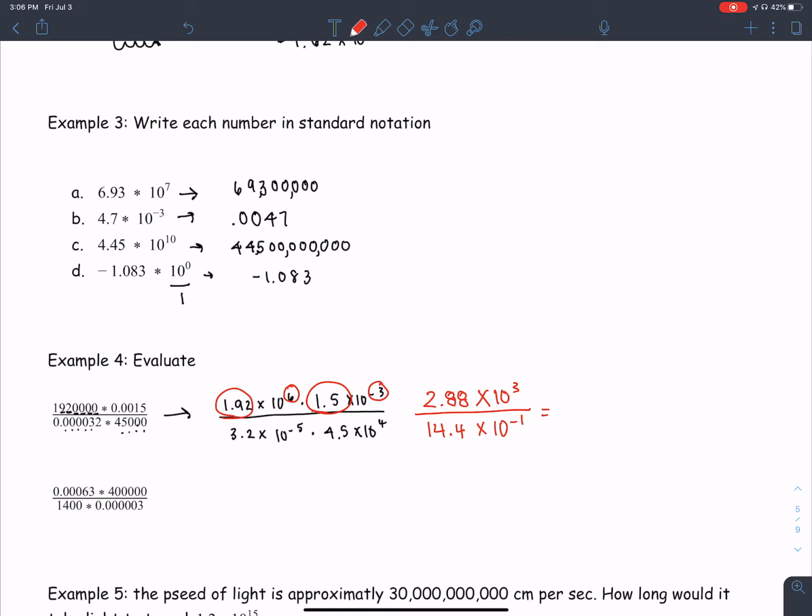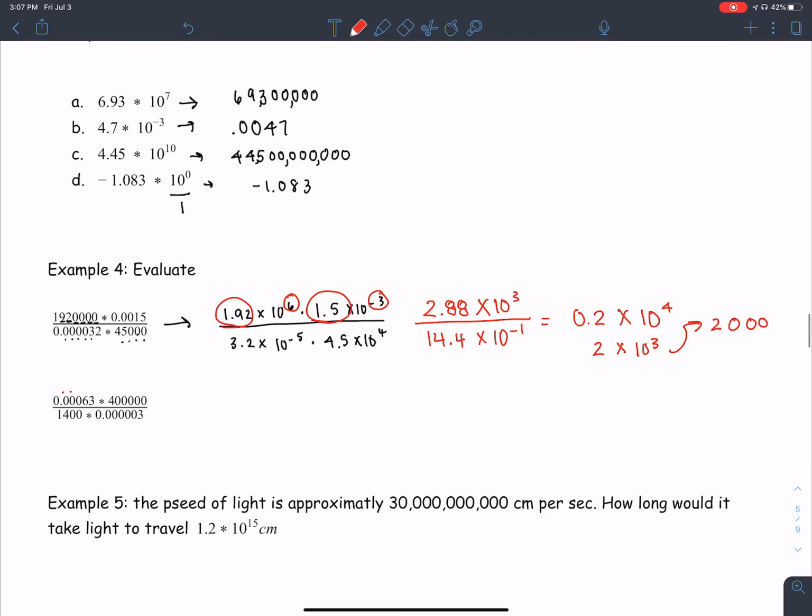So 2.88 divided by 14.4 gives me 0.2 times 10 to the 3 minus negative 1, which is 4. So that's my scientific notation number. Actually, that's not my scientific notation number because this number would need to be up front. So it's actually 2 times 10 to the third. That's the scientific notation number. And so the final answer is 2000. Okay? All right, let's do another one.